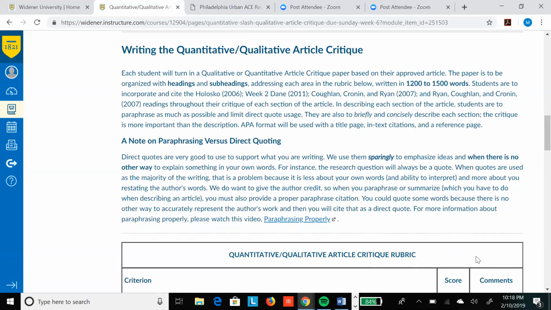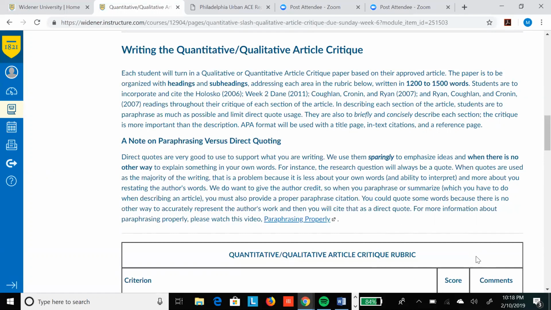You should also briefly and concisely describe each section. The critique is more important than the description of the article itself. You're going to have to describe what is in your article, but what I'm most concerned about is the critique of what's in the article.